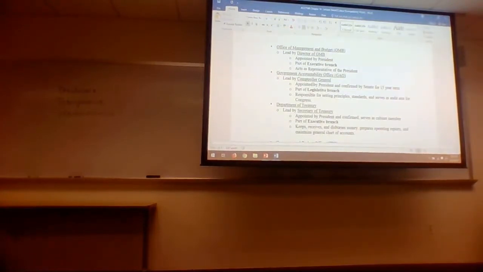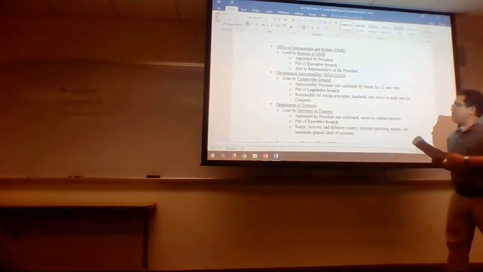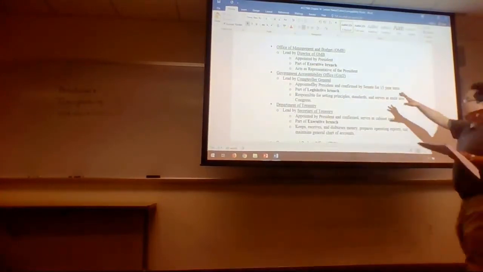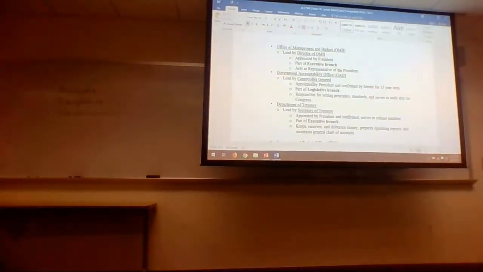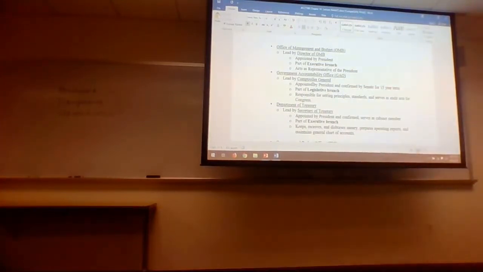So if you look at the first, second, and third, the OMB, the GAO, and the Department of Treasury, all three of them were responsible for the formation of the FASAB, Federal Accounting Standards Advisory Board. So these three entities, what they all have in common is that they help to promulgate the accounting standards used by federal governmental accounting. That's called FASAB. Look at page 2. What does FASAB stand for? At the top of page 2.